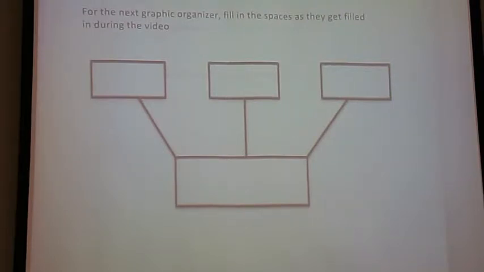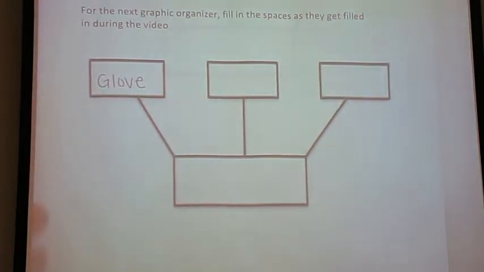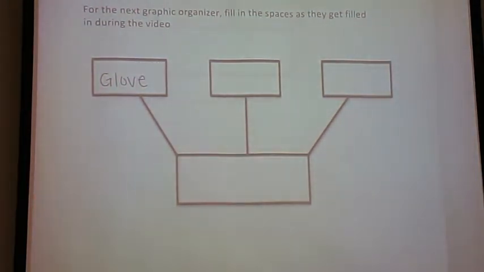Let's start with the glove. Do you think that the glove is the main idea or one of the supporting details? Right, it's a detail. Let me write that in. Now, how about the helmet? Is that the main idea or is it a detail like the glove? Right, it's a detail too.